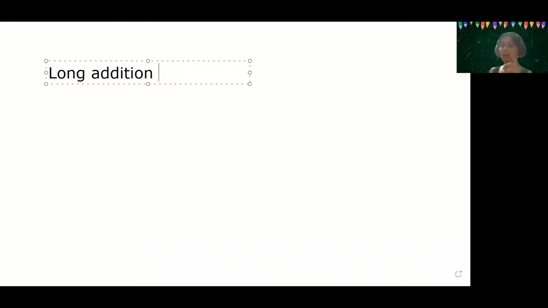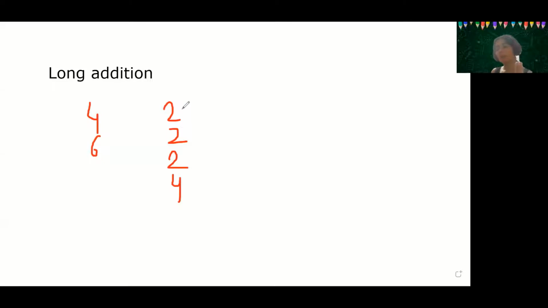Now, direct and indirect complements you need to understand. Like 4 and 6 is 10. 2, 2, 2, 4 is also 10. So this is an indirect complement. It means the numbers that you add, any number of them, to get 10. 4 and 6 are direct complements because they are best friends.